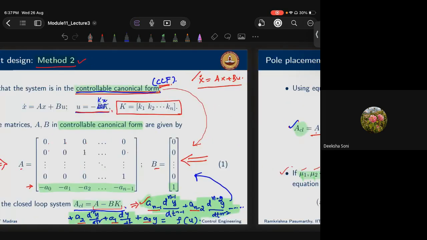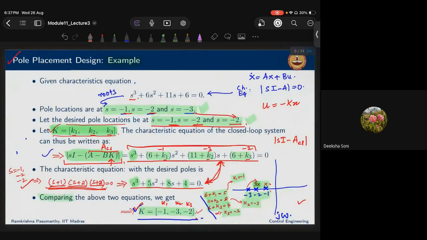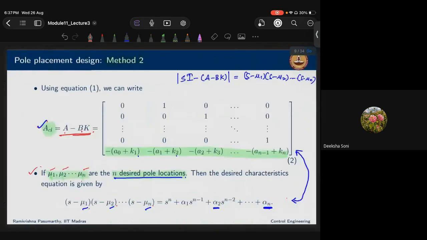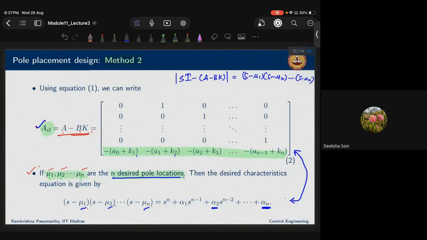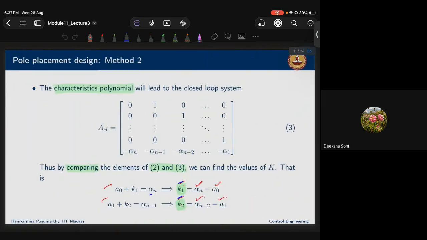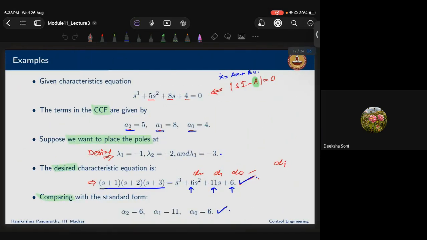The same expression we saw previously. If you put it like this, the right hand side is the polynomial. If you find the left hand side, this ACL, then compare the coefficients. You will get your K1, K2, up to Kn.